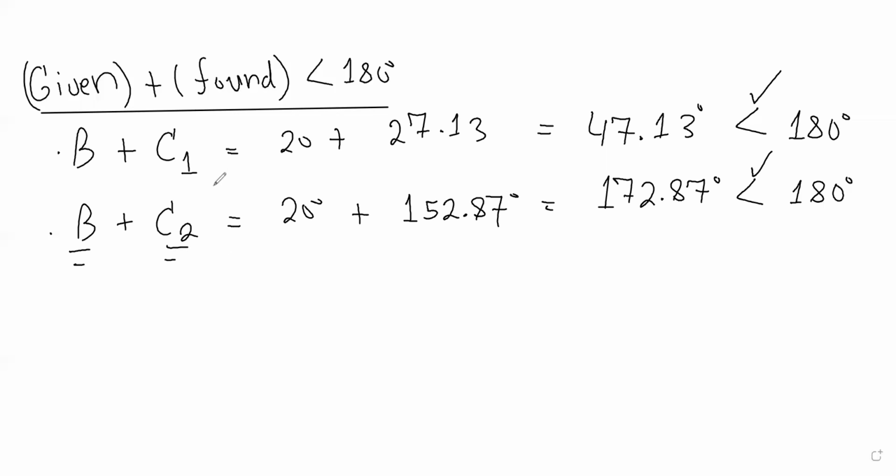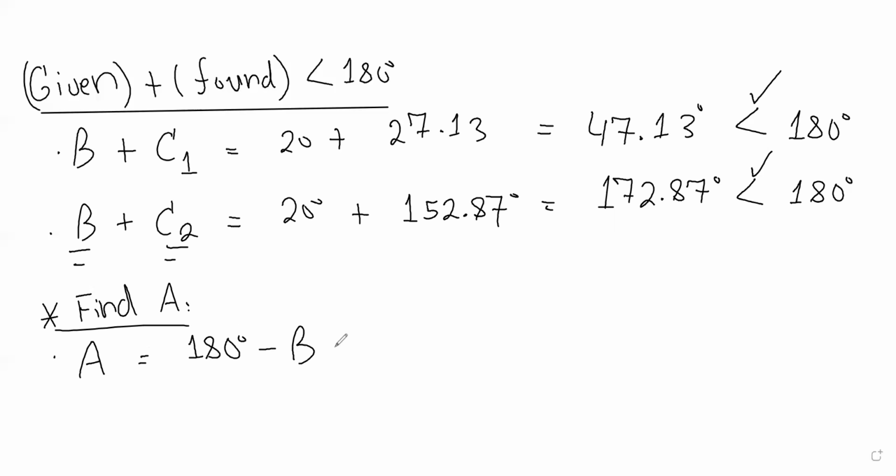So now, step 3, we could find angle A. Okay, sounds good. So angle A should be 180 degrees minus your given angle minus your found angle. Oh wait, but I need to distinguish between my C1 and my C2. So for each value of my found angle C1, it generates a corresponding A1.